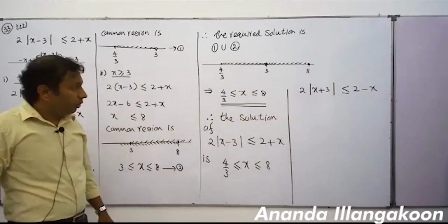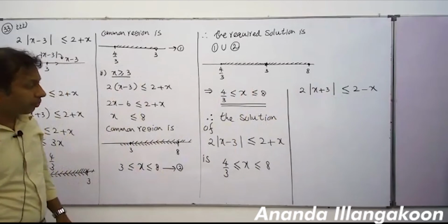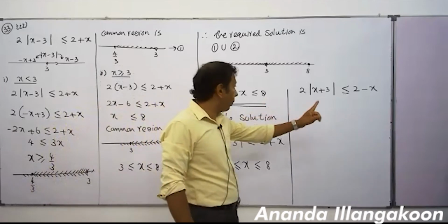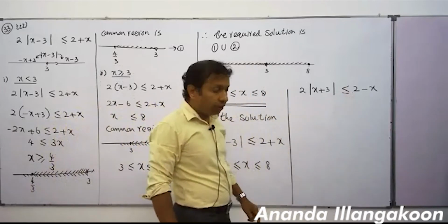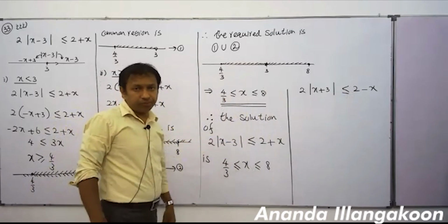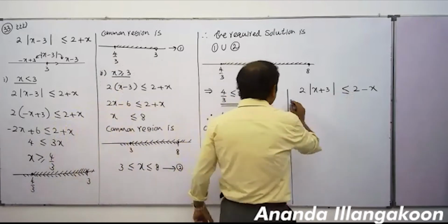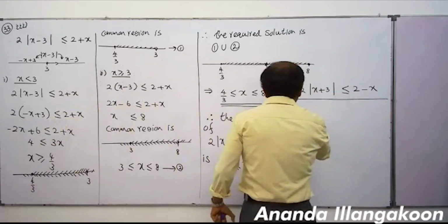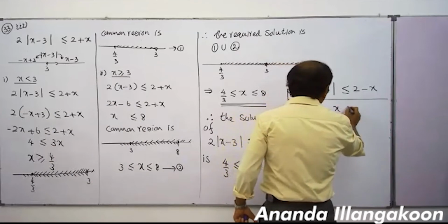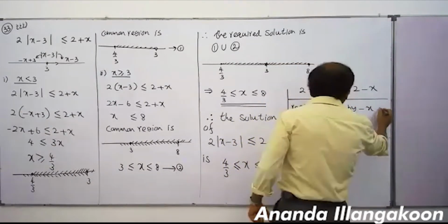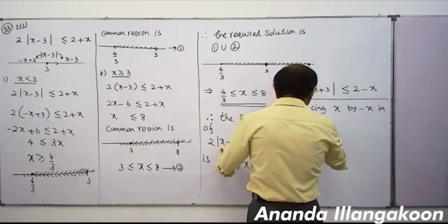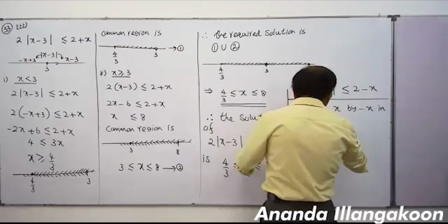Right? You can very clearly understand, using this inequality, we can obtain this inequality if you replace every x in this inequality by minus x. Right. This is the inequality we need. Now you can write, replacing x by minus x in 2 times mod x minus 3 less than or equal to 2 plus x.